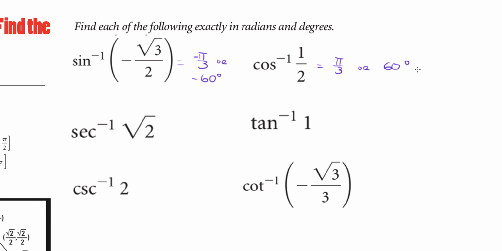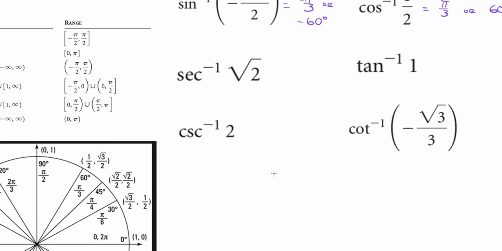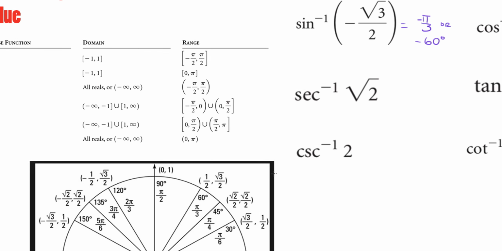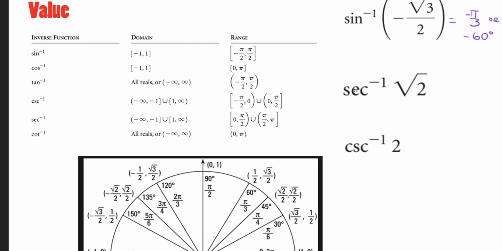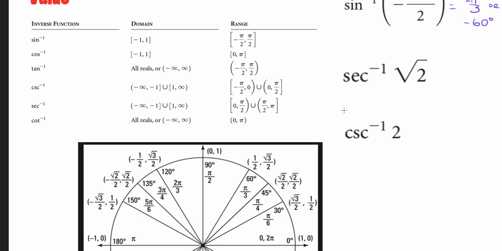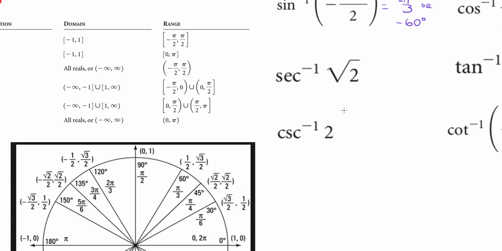Okay. Now secant inverse. Similar to cosine, secant inverse has a range. It's going to be from 0 to pi over 2, not including pi over 2, union pi over 2 to pi. Okay. Now the question is, where is secant inverse of square root of 2? Well, secant is also the x coordinate of the unit circle, but in its reciprocal.